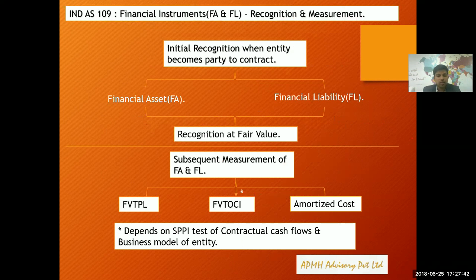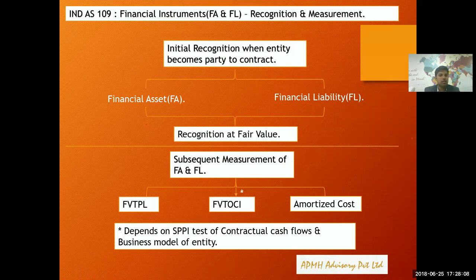Now, what are these two tests which we have to do before classification or measurement of a financial asset in either of these three criteria? That we will check in the next slide. But before that, let us understand that any financial asset or financial liability, except trade receivable, of course, has to be recognized at fair value on the date of transaction. You cannot recognize it at transaction value, you have to recognize it at fair value.